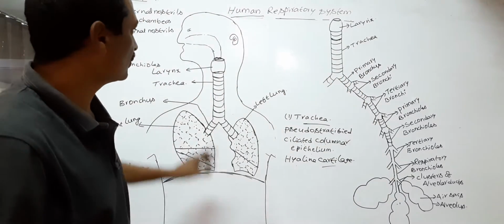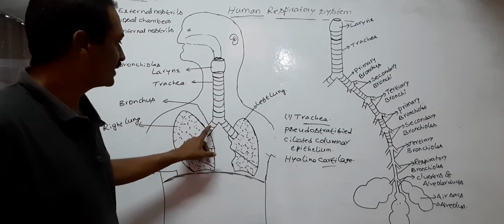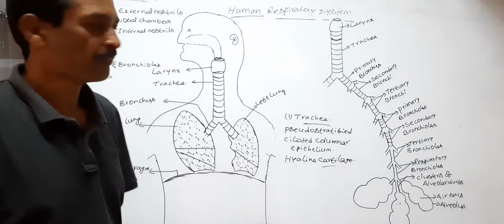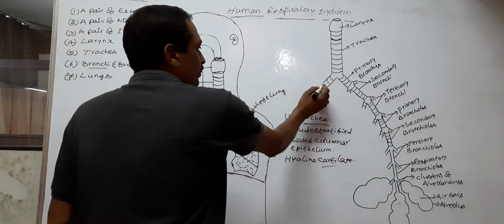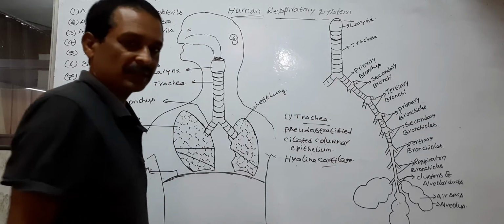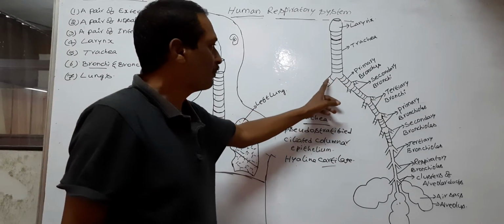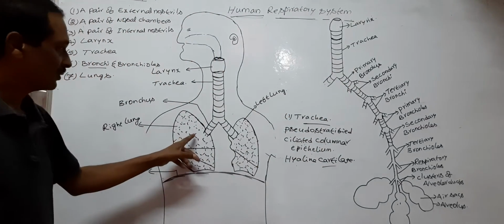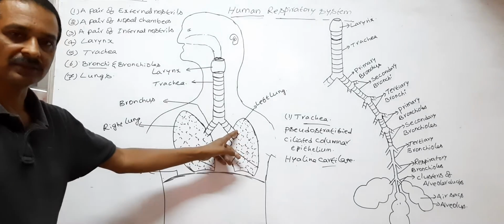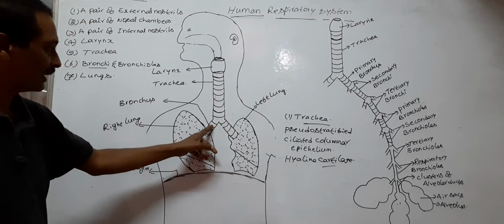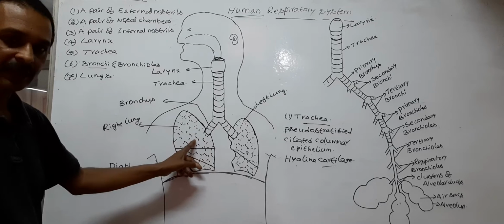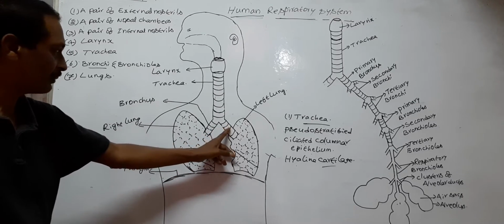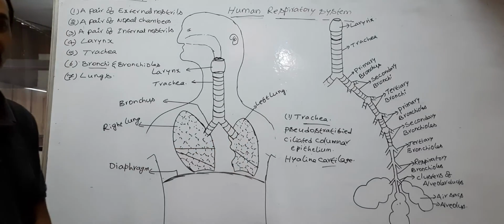So the trachea divides into two primary bronchi. This is the right bronchus, this is the left bronchus. The two bronchi enter into the corresponding lung. The right bronchus enters into the right lung, and the left primary bronchus enters into the left lung.